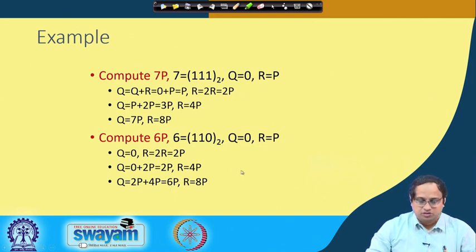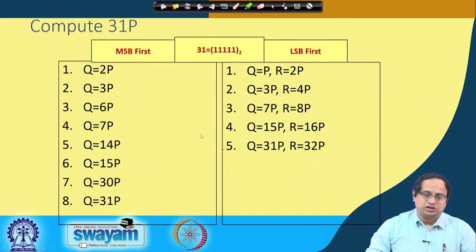Now if we take 31p, which is a slightly bigger example, and compare these two algorithms, MSB first and LSB first, you can see there are more steps required. When I am doing MSB first, I am getting q equal to 2p, then 3p, then 6p, 7p, 14p, 15p, 30p and 31p.